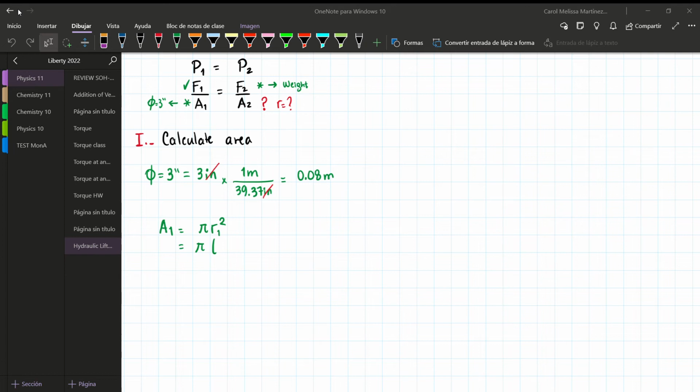So from the diameter, I need to get the radius 1, which is the diameter 1 divided by 2: 0.08 meters divided by 2, which is 0.04 meters. So this is the radius 1 that I was looking for. Now I'm going to use this radius to find the area: pi times the radius, 0.04 meters, to the second power. How much is this?